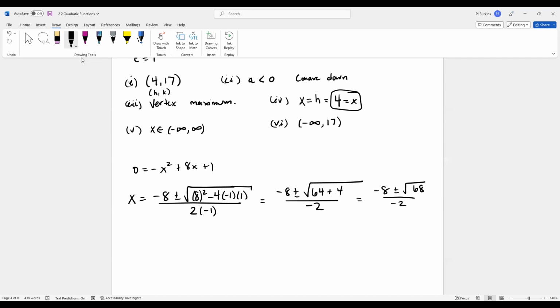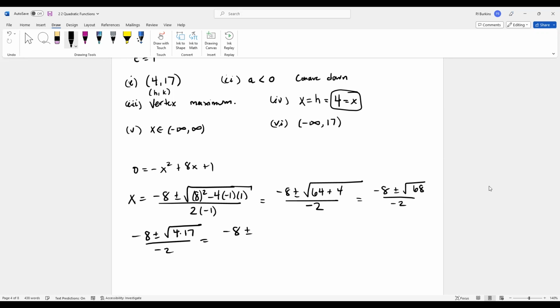All right, does a perfect square go into 68 nicely? All right, so 68 is 4 times 17. So we have -8 plus or minus the square root of 4 times 17. All right, that can reduce.